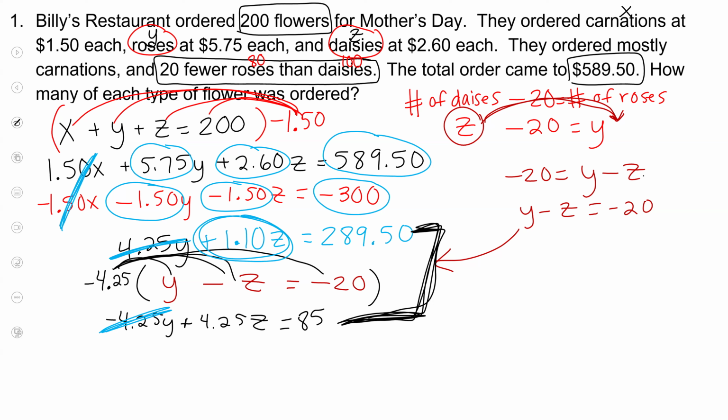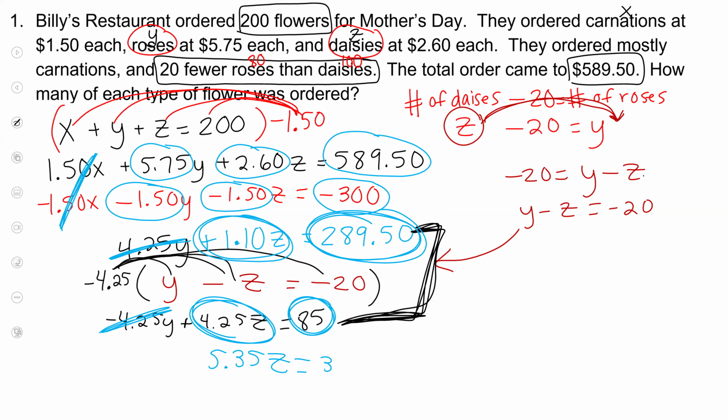1.10 plus 4.25 is what? 5.35z. $289.50 plus $85 is what? 374.5? Yes? Okay.